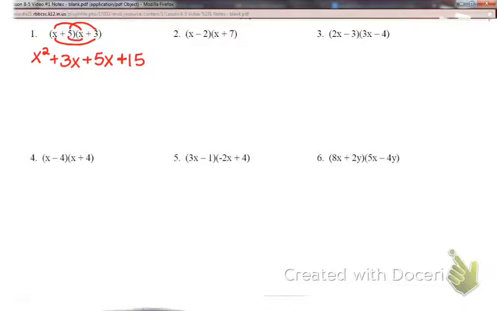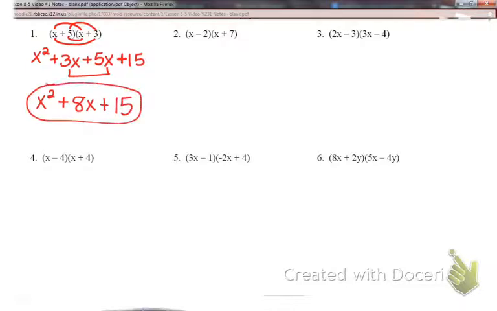Right here in the middle, we have 3x plus 5x. We know we can combine that to give me 8x. So I'm going to start with my x squared, and then we have plus 8x, and then plus the 15. That's how you multiply binomials using the FOIL method.